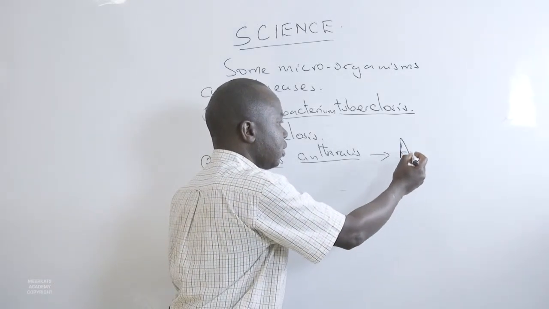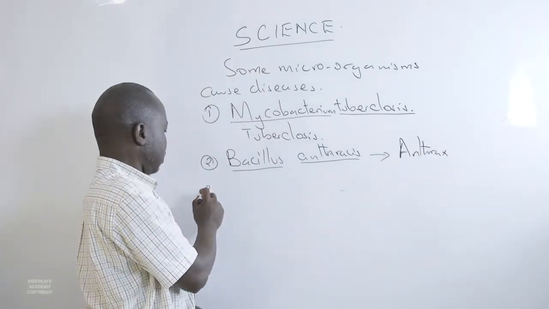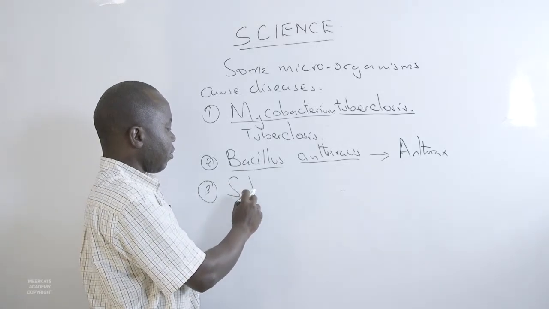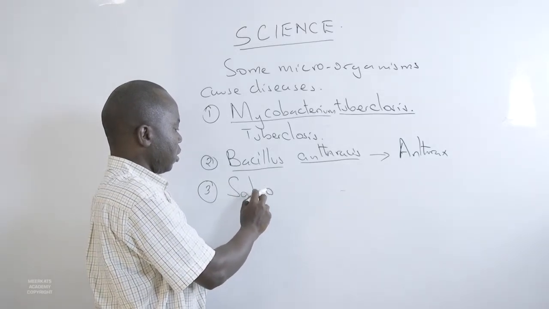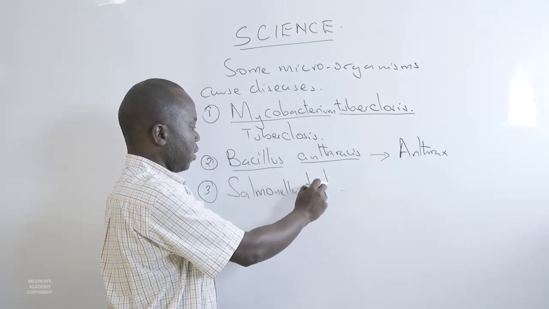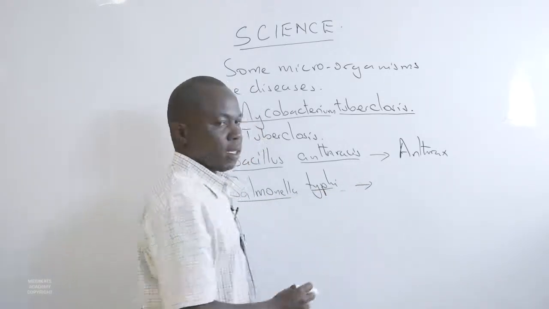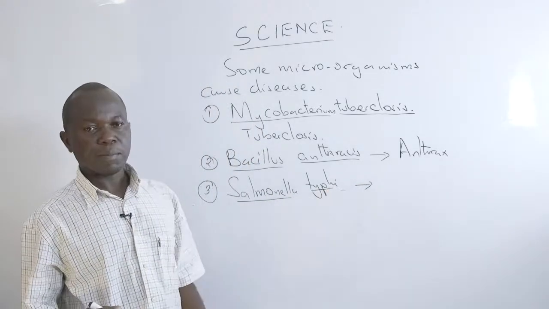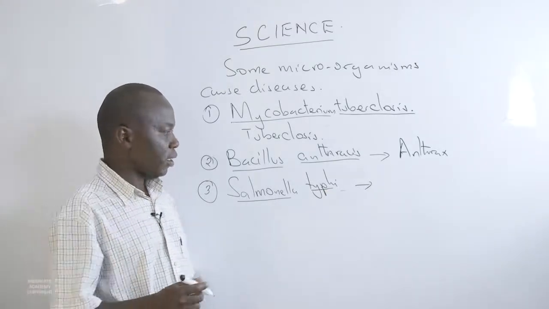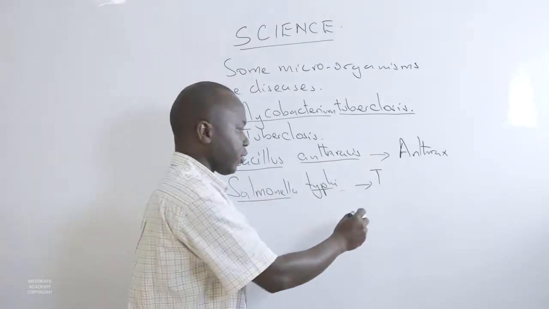It causes a disease called anthrax. We have others like Salmonella typhi. Again, from the species name, we can very easily remember the type of disease. That one causes a type of fever called typhoid.